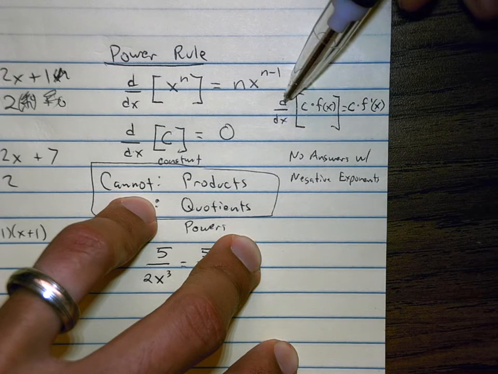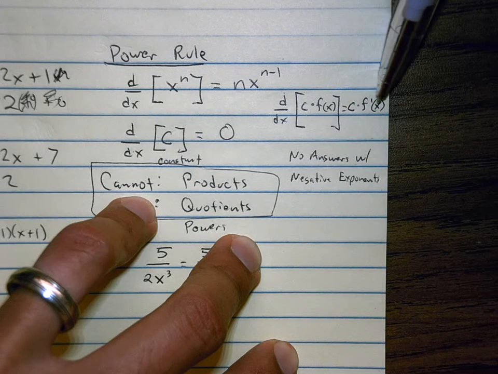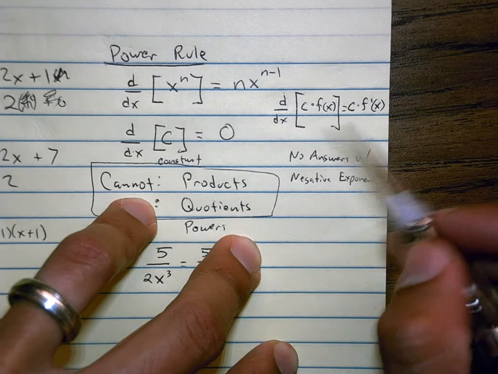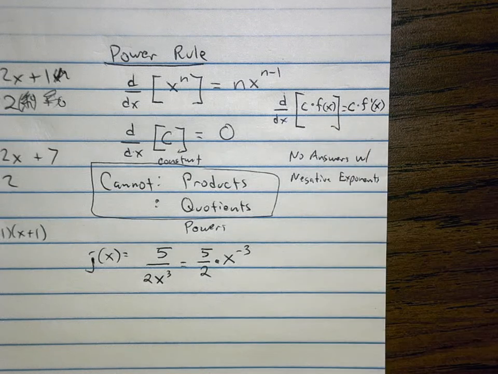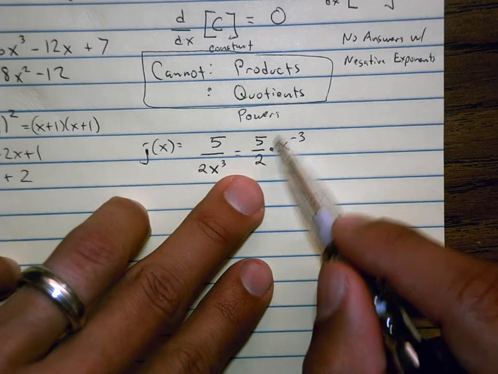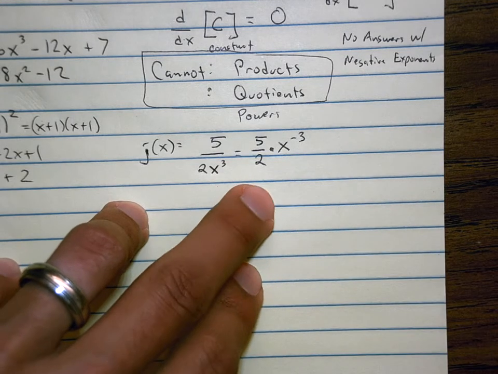You can actually take the derivative of just this piece and have it multiplied by the constant and you'll be okay. So this is what I'm going to use on this quotient rule. I'm going to take the derivative of just this piece here and then multiply it by this 5 halves. It won't affect my answer.